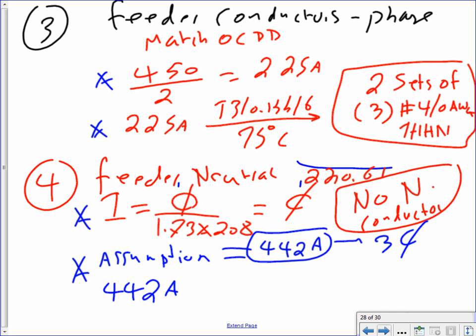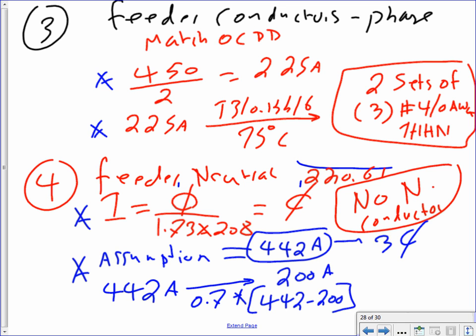You need to apply the rules of the rating on it, guys. The first 200, leave them alone. Anything higher than 200, 442 minus 200 times 0.7, and add them up. This should add up to 370 amp. Don't forget to add.